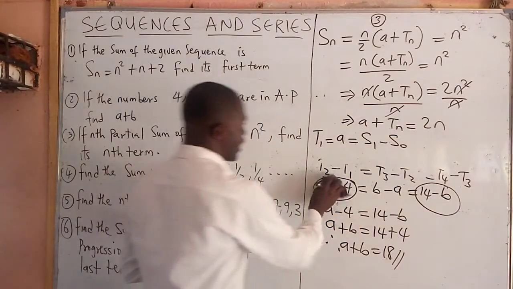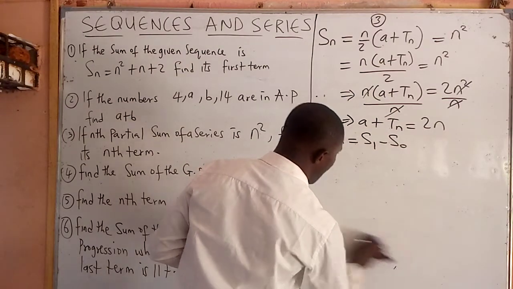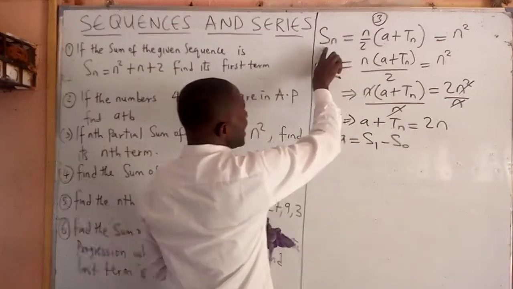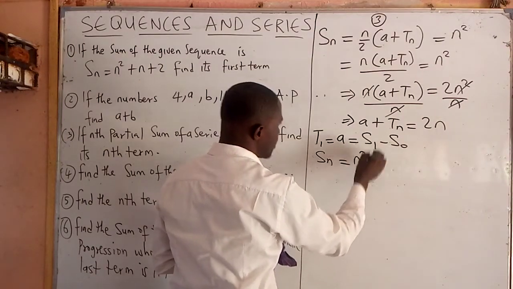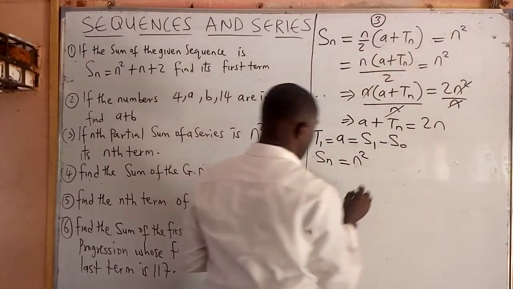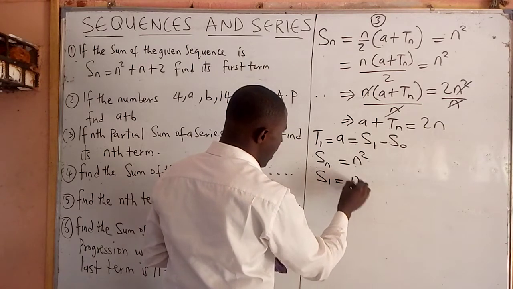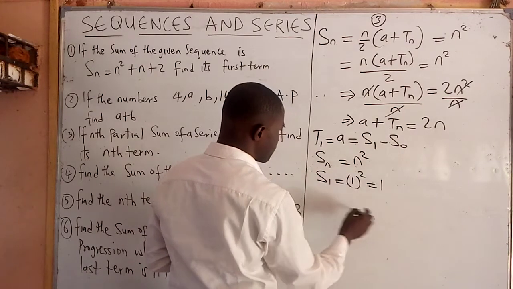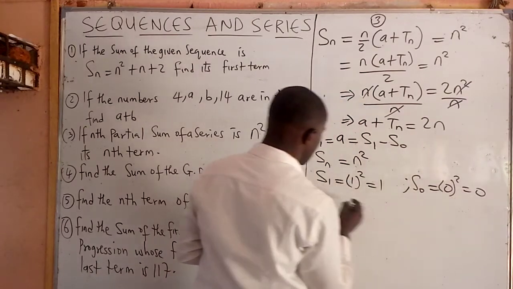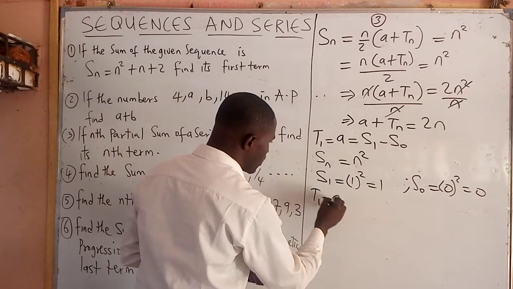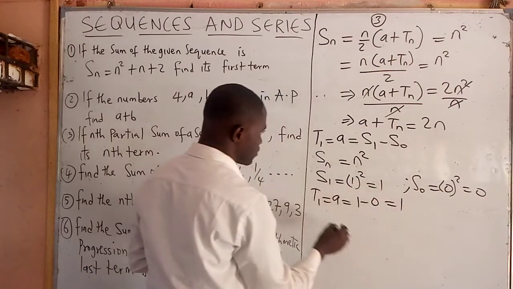What is your S1? Since they said Sn equals n squared, it means that S1 will be equal to 1 squared, equal to 1. S0 equals 0 squared, equal to 0. Therefore, T1 equals A equals 1 minus 0, which gives you 1.